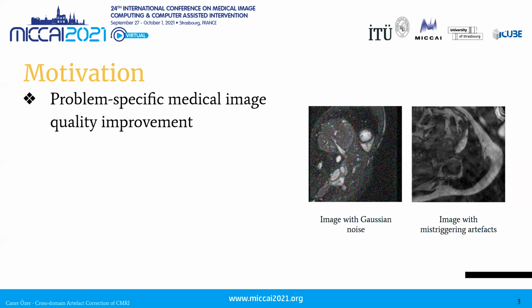More specifically, the former can intuitively be solved on the image domain, although the latter is highly affiliated with the k-space domain alongside the image domain, and hence the correction of CMR images should be applied on both of these domains.